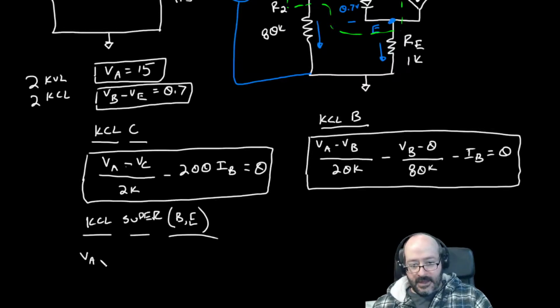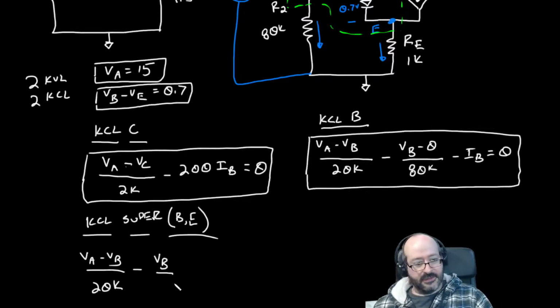Let's say VA minus VB over 20K, minus VB minus 0 over 80K, minus VE minus 0 over 1K, and then plus 200 IB.